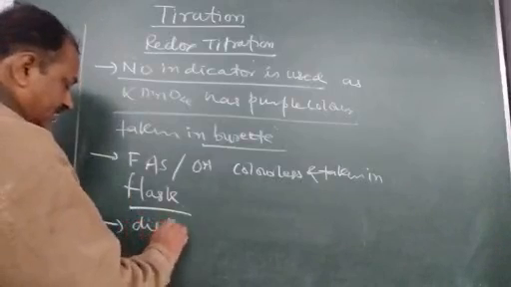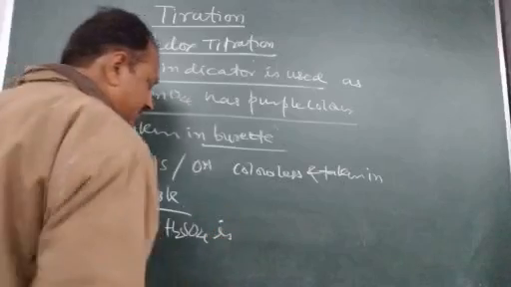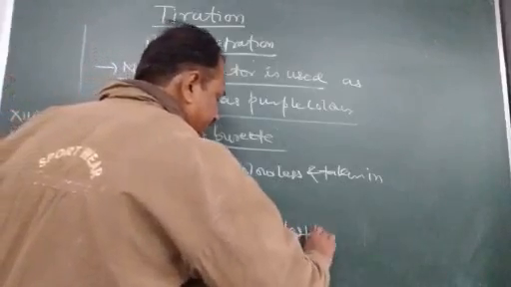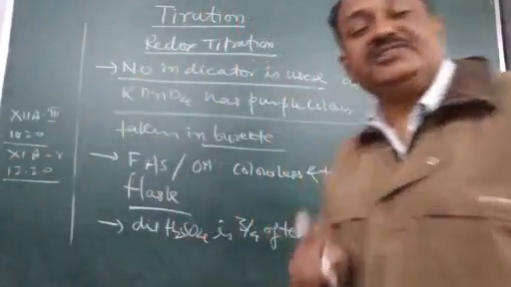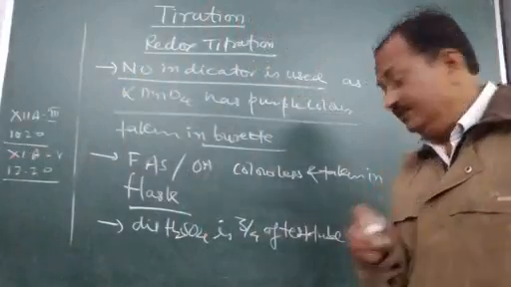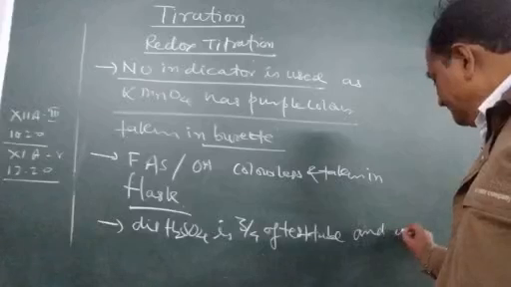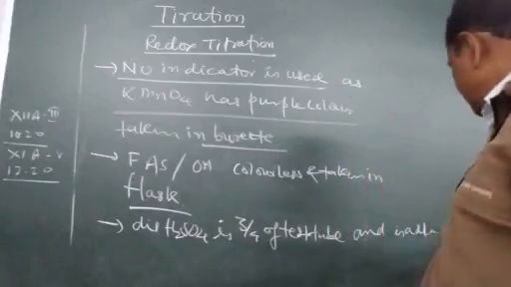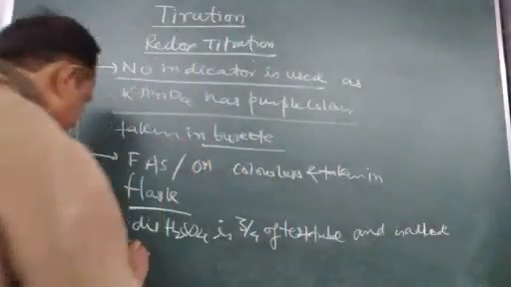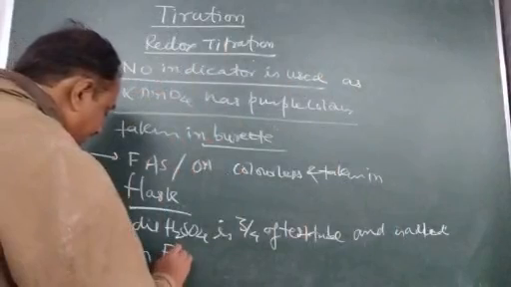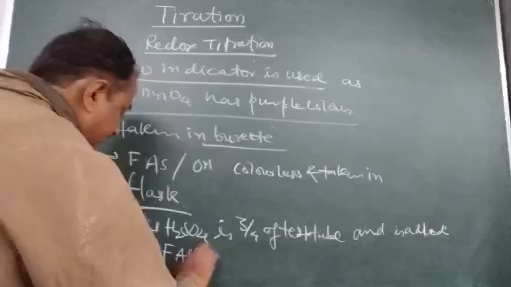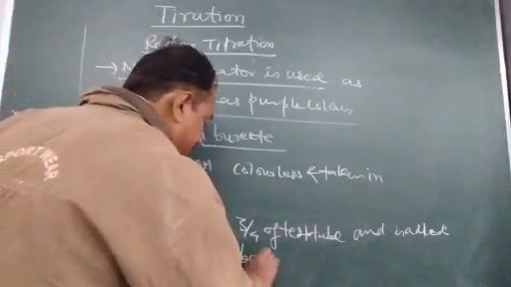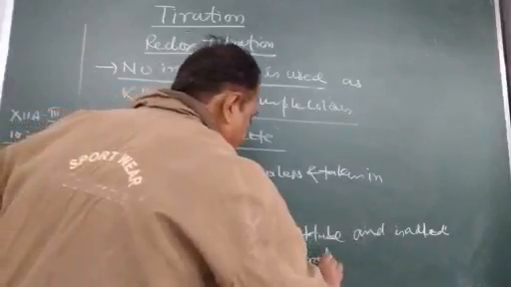Then dilute sulfuric acid, approximately 3/4 of a test tube, 75% of a test tube, is filled with dilute sulfuric acid and is added to this FAS or oxalic acid before titration.